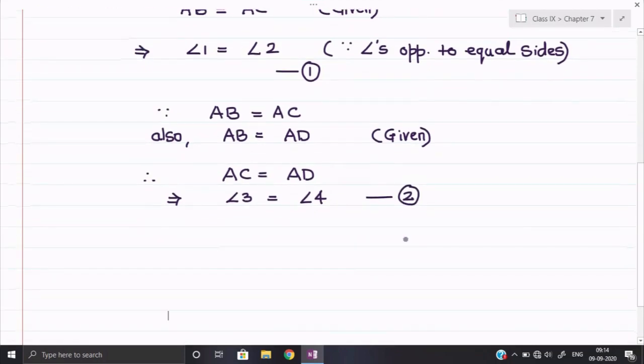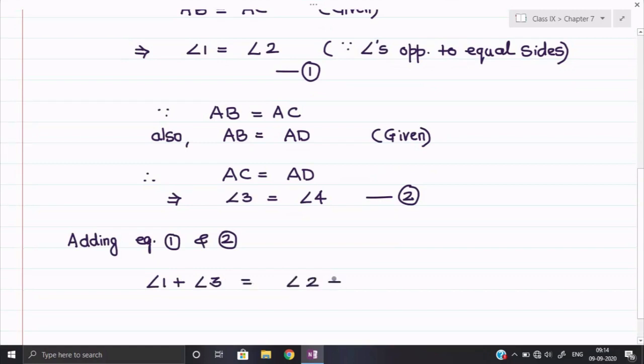Now we shall add equation 1 and equation 2. So here we shall write down, adding equations 1 and 2. Angle 1, as I told you, angle 1 and 3 should be on the same side, so they will be added to each other, is equal to angle 2 plus angle 4.